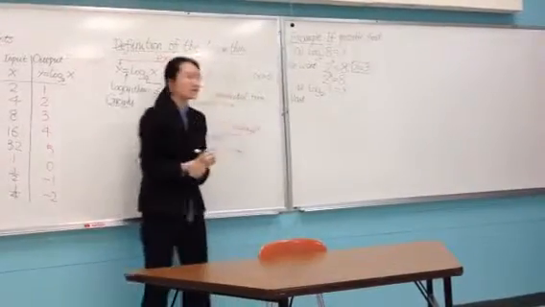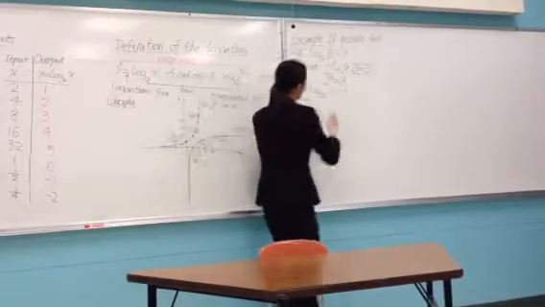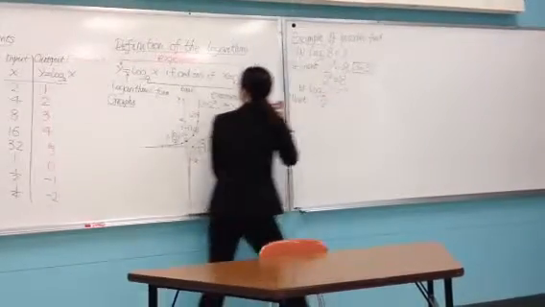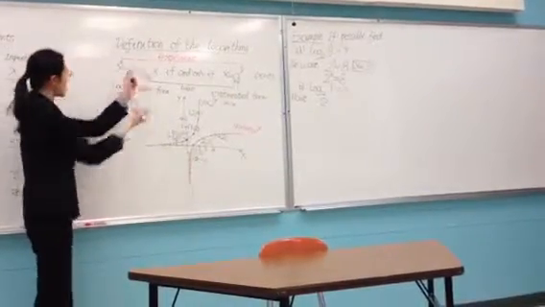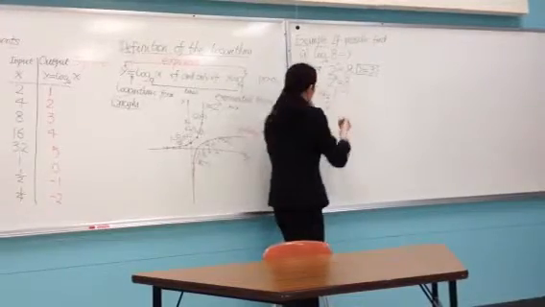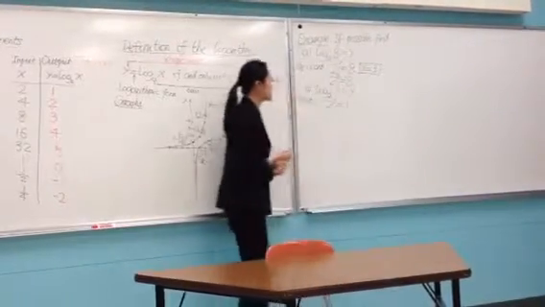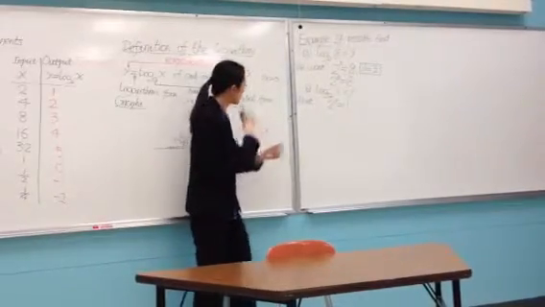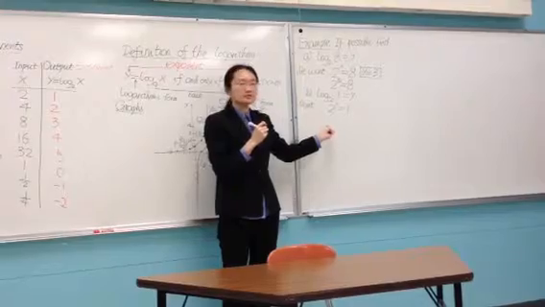Okay, we can change this into exponential form. So how to do that? Put the base here, then switch the input and output. Okay, write into exponential form. Everybody get this part?